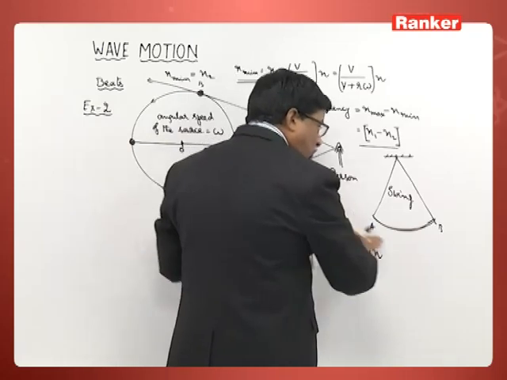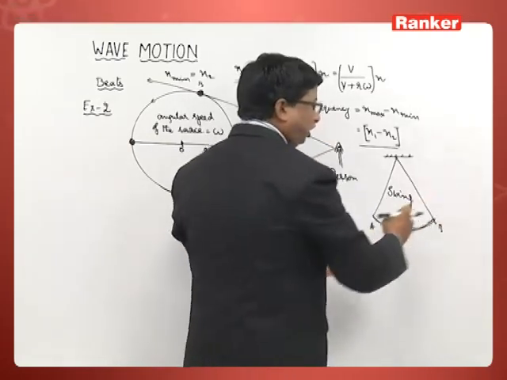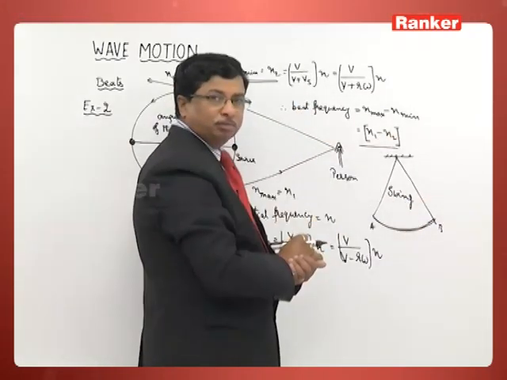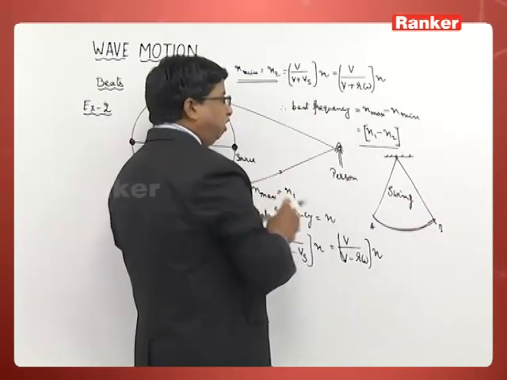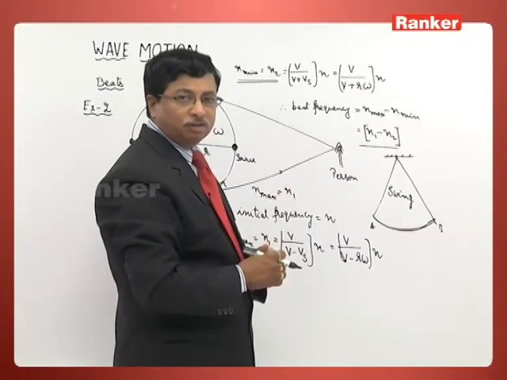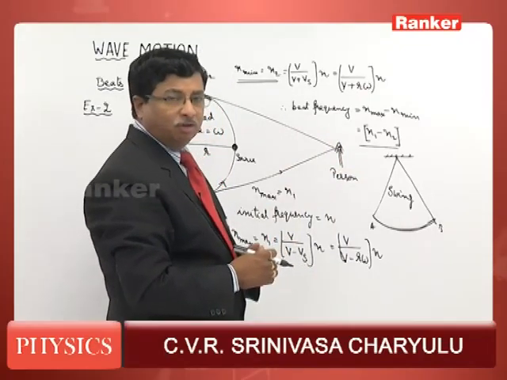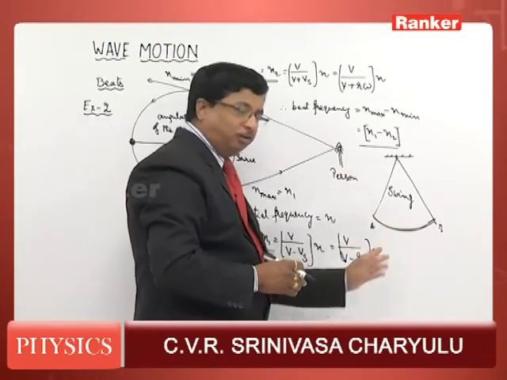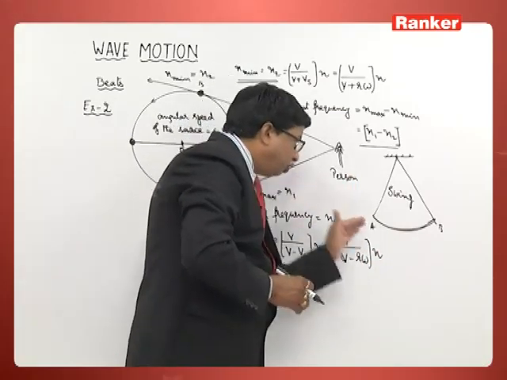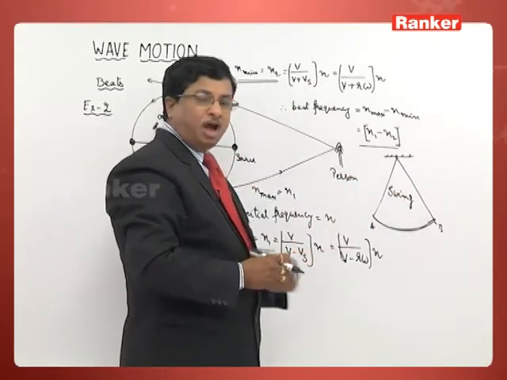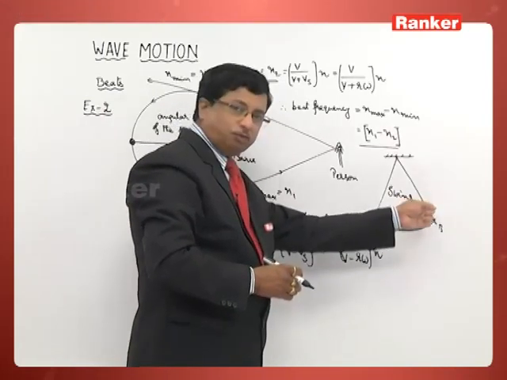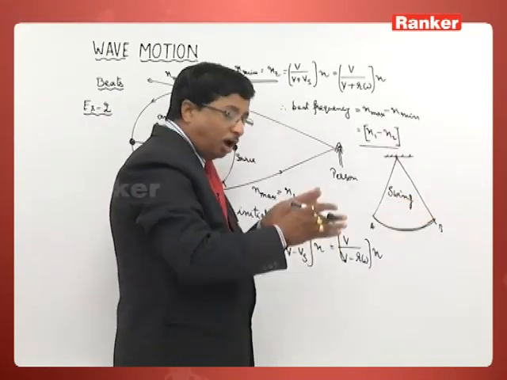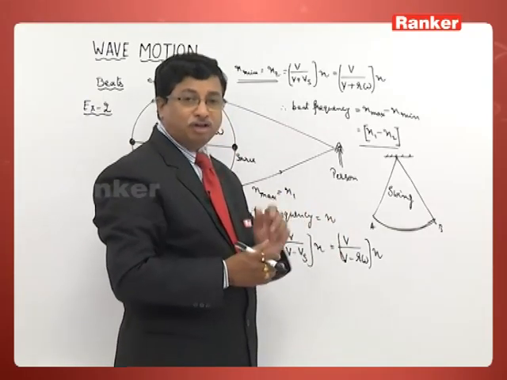When the swing is going that side, he can hear with greater frequency. When the swing is coming back, he can hear with lesser value of frequency, the same sound. So, frequency of sound increases when the swing is moving towards him, and frequency of that sound decreases when this swing is going away from him or receding.